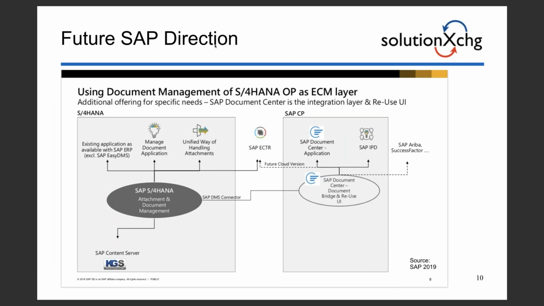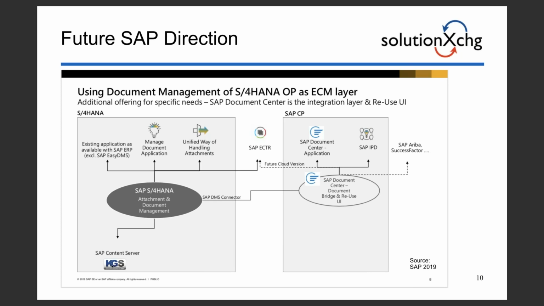There is the classical S/4HANA environment, the S/4HANA on-premise environment, which continues to have a document attachment and document management layer. That document attachment, document management layer, the bubble here in the middle, connects to the traditional SAP content server or any other service.